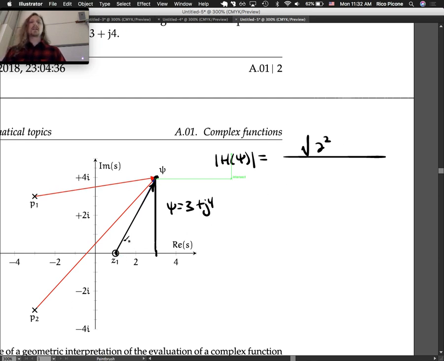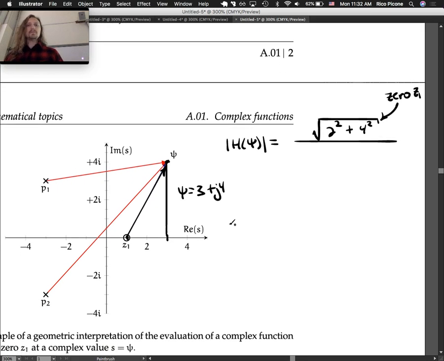So this is the vector. 2 squared plus 4 squared. So that one comes from the zero. And in the denominator, we've got the 2 pole contributions.